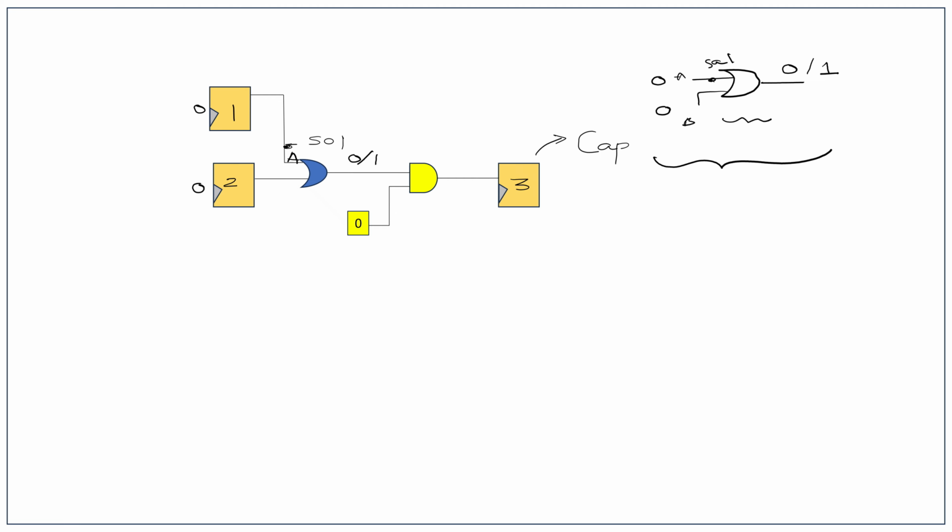But the issue that arises here is that the output of this OR gate is driving an AND gate whose other leg is tied to 0. So whatever value we get from the OR gate gets masked at the AND gate level.